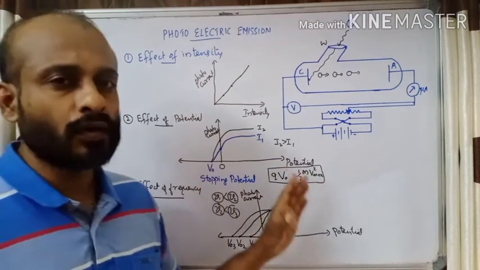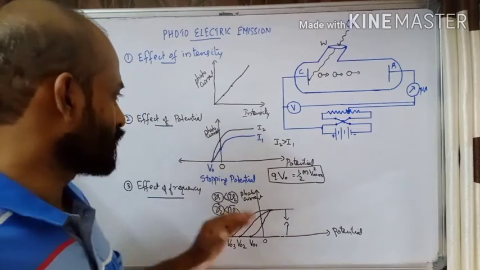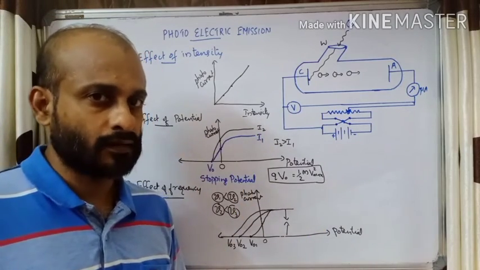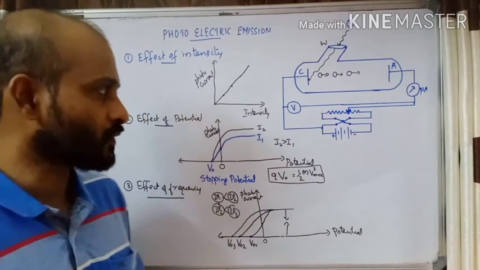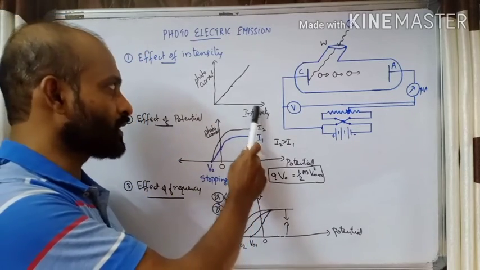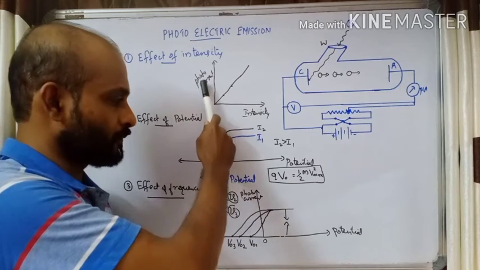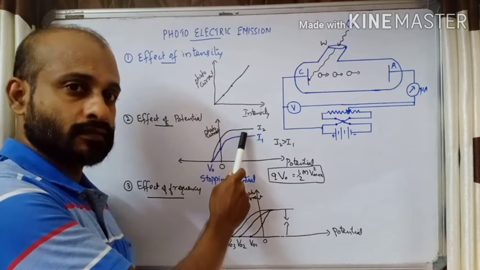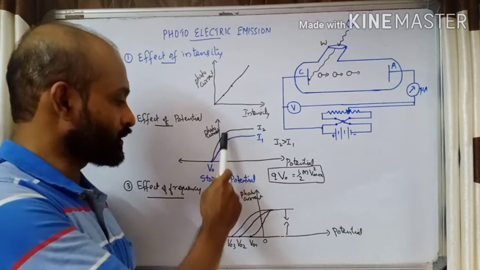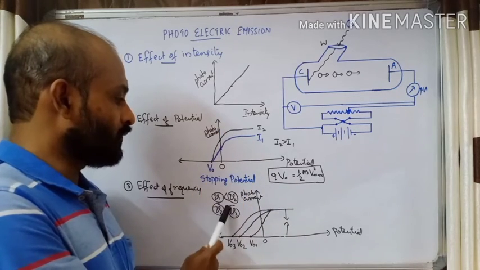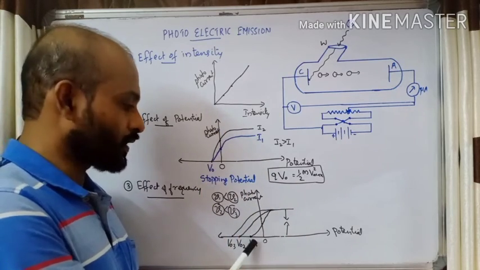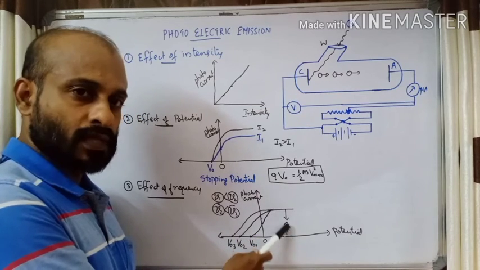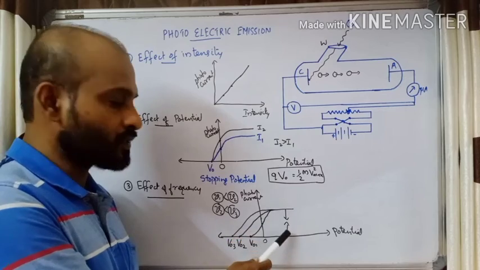We can make a few conclusions based on these observations of the experiments done by Hallwachs and Lenard. The first observation is that the intensity of light is directly proportional to the photocurrent. Then the stopping potential is independent of the intensity. Saturation current actually depends on the intensity of light.